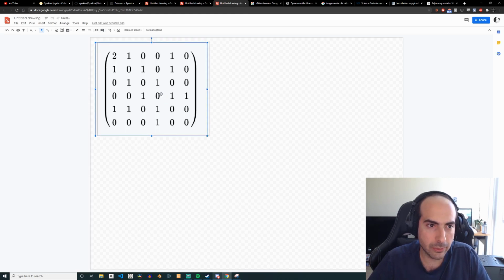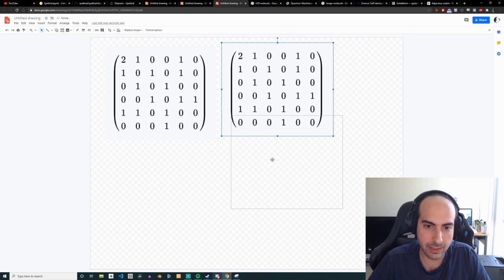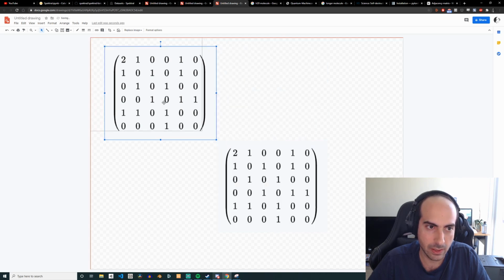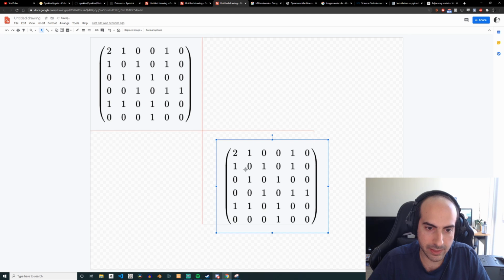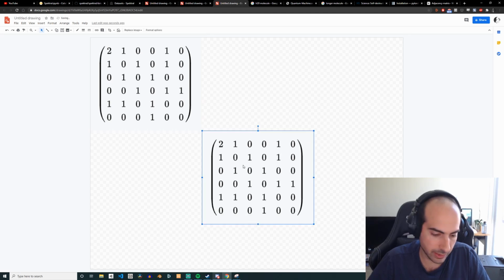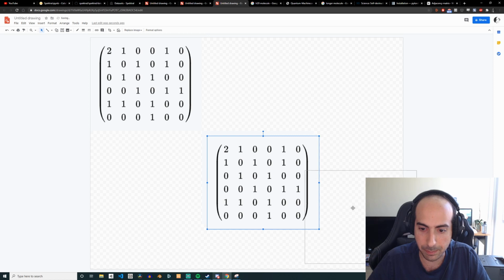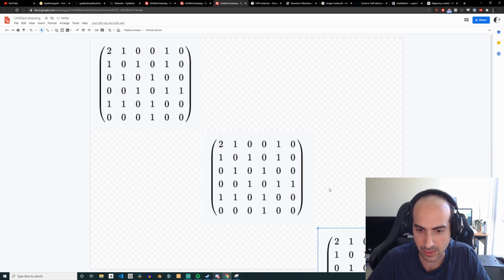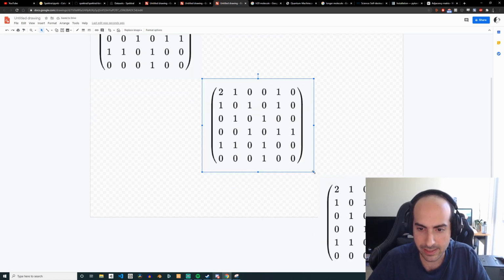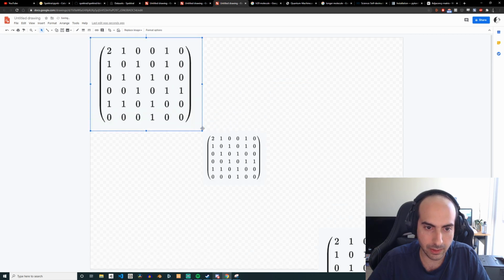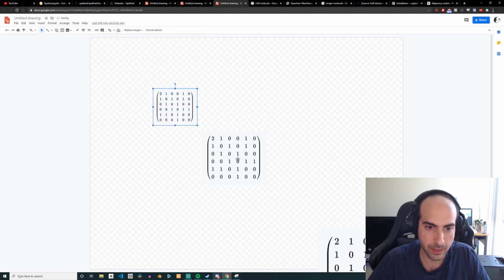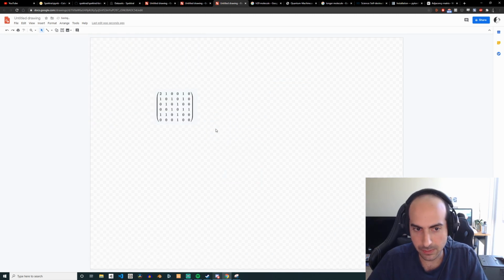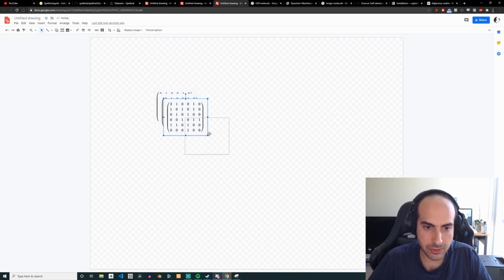Typically what we'll do is put these matrices on each other's diagonals like so. The reason we do this is because it lets us append matrices of different sizes. Here, for example, I'm going to make this smaller so that it's clear. So let me delete this. Let's say we had these three matrices here.